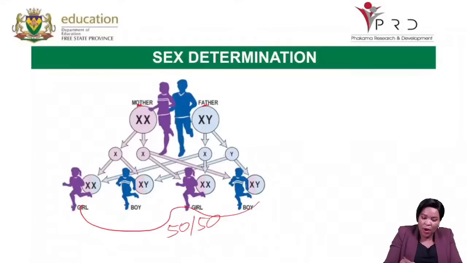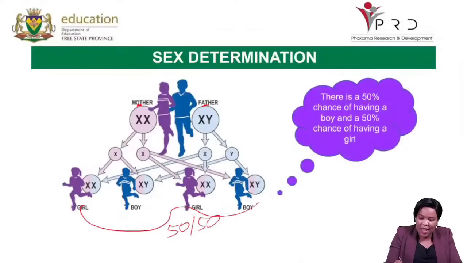So when you work out a genetic cross, there is always a 50% chance of getting that. So it will be your female and your male.